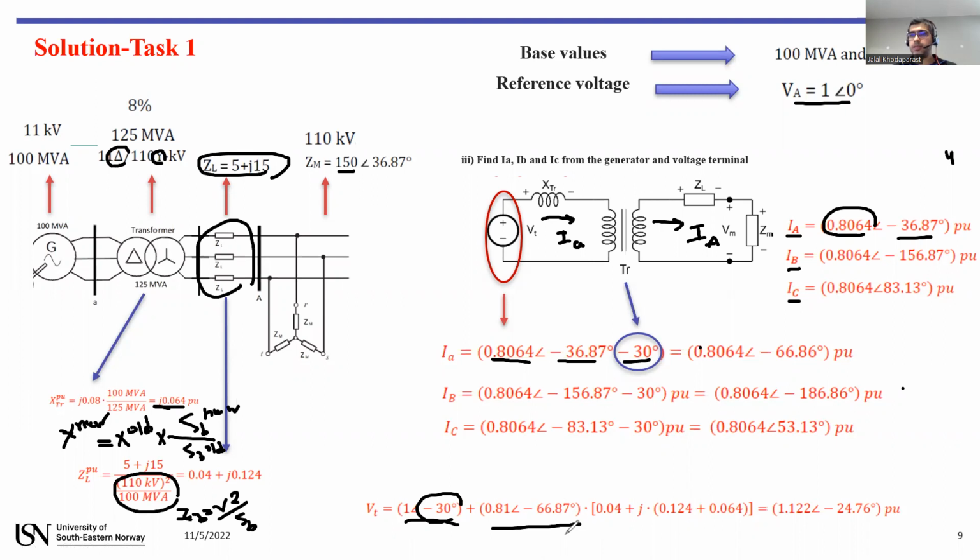And this one is the current of phase A, the approximate value. And this one is the whole impedance you have in the transmission line: the impedance of the transformer plus the impedance of the line.